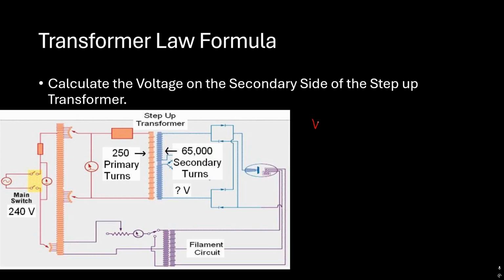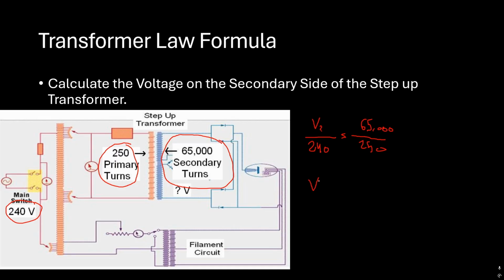So the voltage of the secondary side is unknown over the voltage of the primary side, which is 240 volt. That equals the number of turns on the secondary side, which is 65,000 turns, divided by the number of turns on the primary side, which is 250.